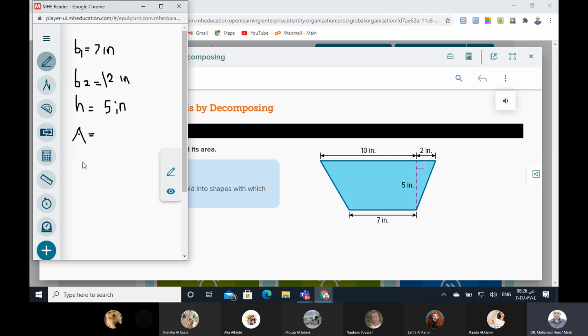So the formula to find the area of the trapezoid will be b1, small base, plus b2, big base, divided by 2, times height. This is the formula to find the area of the trapezoid. Now substitution. b1 will be 7 plus b2 will be 12, divided by 2, times 5.